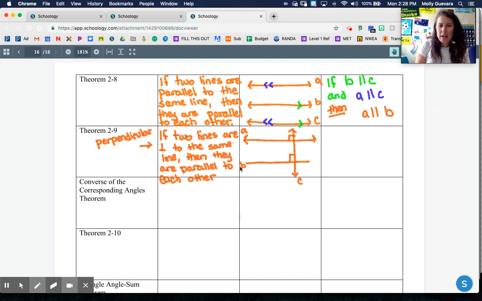Okay, so if A is perpendicular to C and B is perpendicular to C, they're both 90. Well, let's look here. If this is 90 and this is 90, those are corresponding angles. They're in the same position. So if corresponding angles are the same, then I know that these lines are parallel. Okay, so if A is perpendicular to C and B is perpendicular to C, then A is parallel to B.